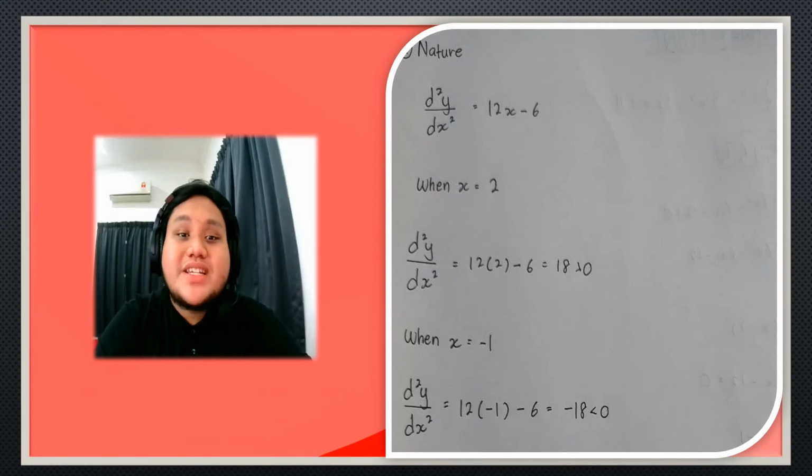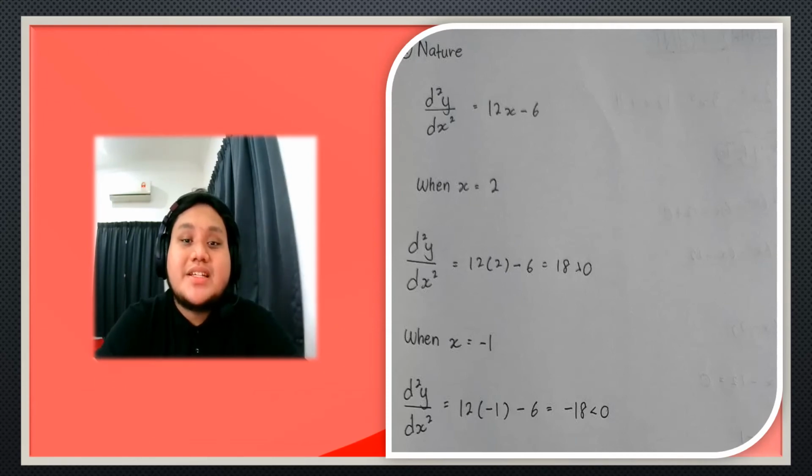The second question is determining the nature of the stationary points. Firstly, we need to differentiate 6x power of 2 minus 6x minus 12, and we get d power of 2 y over dx power of 2 equals 12x minus 6.